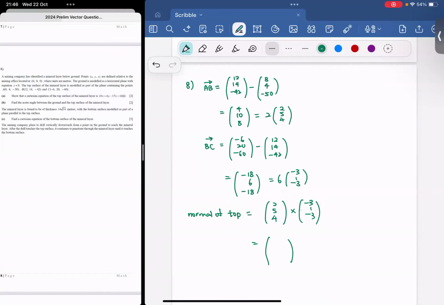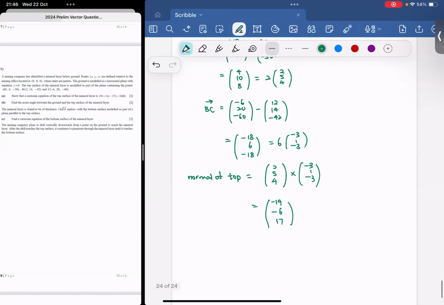Minus 15, minus 4, minus 19, minus 12, minus 6, 2 plus 17. Okay, so the equation of the top will be r dot this one equals to this one dot a point, 84, negative 50.